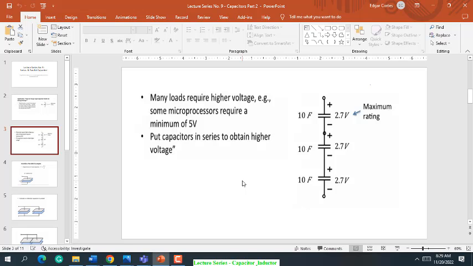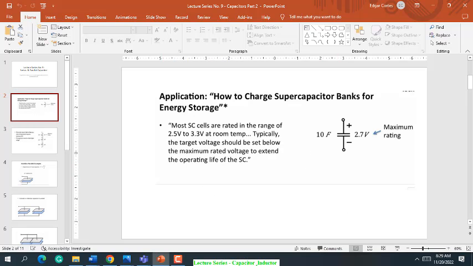How are we going to arrange a supercapacitor in a microprocessor? As we know, a microprocessor is an integrated circuit, with capacitors, inductors, and many other types of electronic devices arranged in an IC type or surface mount IC. So we put them in series to maximize the output or performance of the microprocessor. Put capacitors in series to obtain higher voltage, because as we know, the range of a capacitor is only from 2.5 up to 3.3.